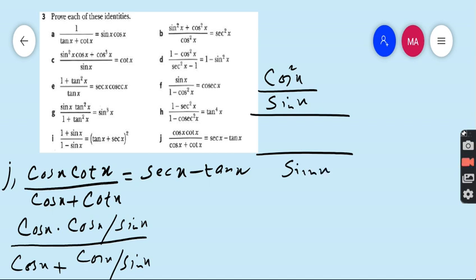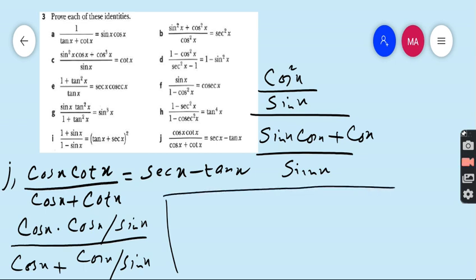Sin cancelled, sin into cos is sin x cos x. Sin cancelled to sin is cos x. This sin x is cancelled by this sin x, and this cos square x can be written as 1 minus sin square x upon, taking cos x as common, it is 1 plus sin x.